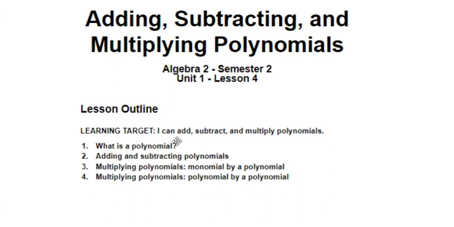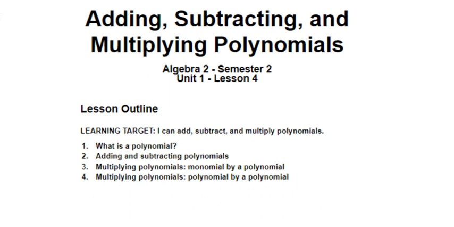What is a polynomial? How do we add and subtract those? And then multiplying them, first basic simple multiplication, and then basically the distributive property, which gets a little crazy. So let's roll.